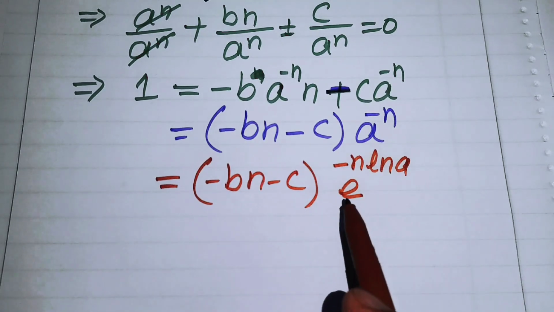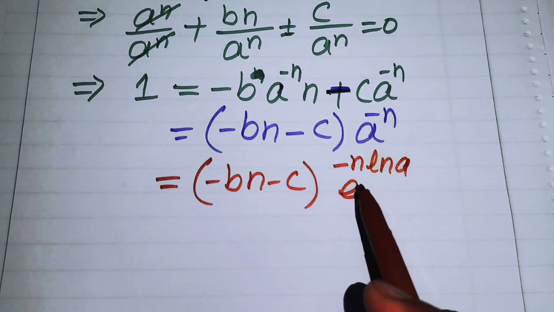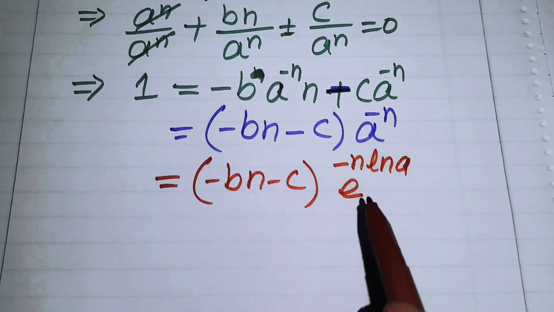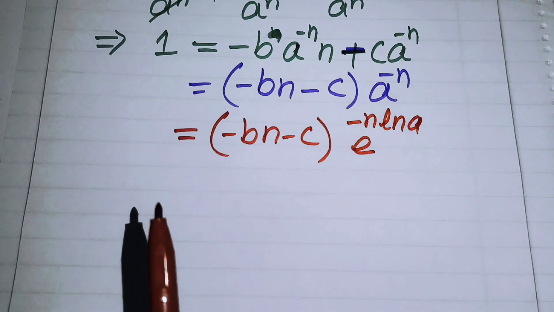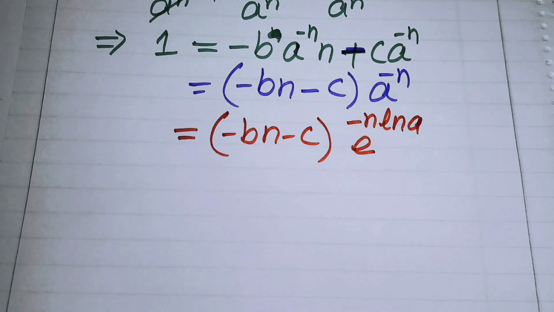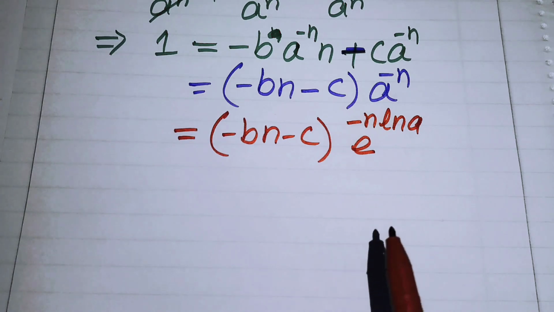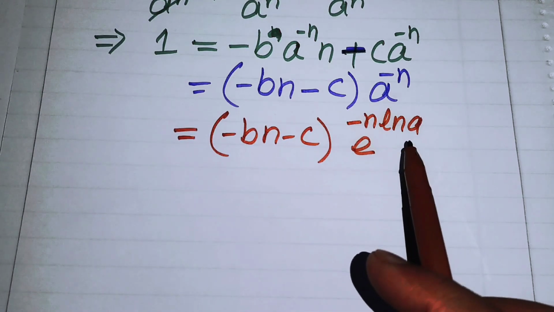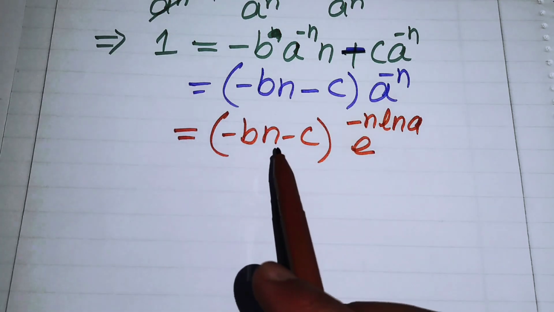We take log and anti-log at the same time, so that we write a to the power of minus n in this form. And now in the next step you see here we have e to the power of minus n times log a.